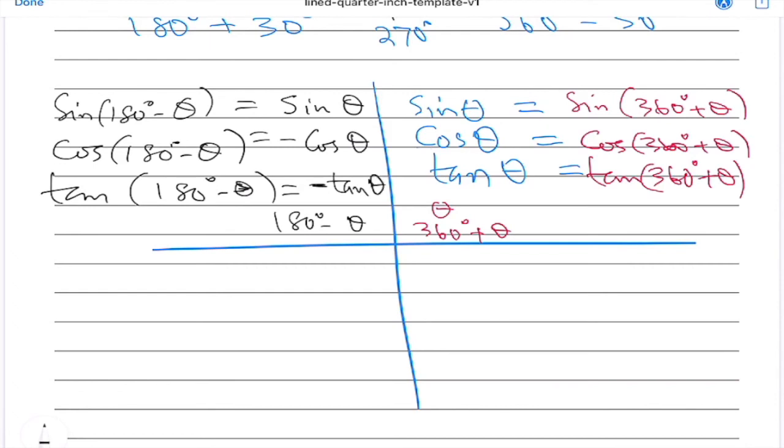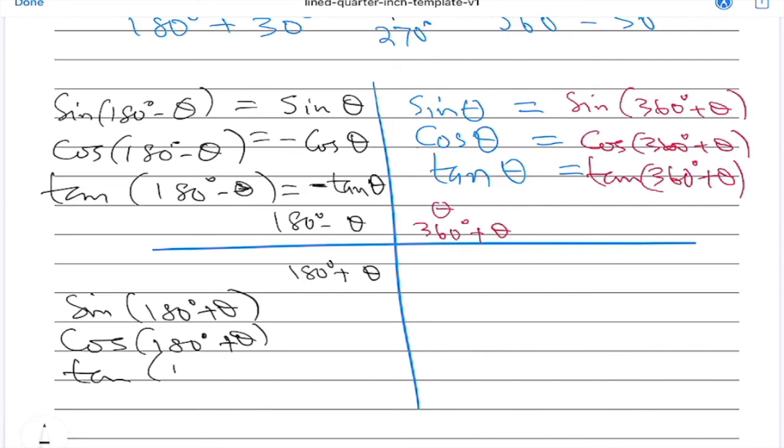And so now very quickly, in the third quadrant, we have 180 plus theta. And we want to work out the sine of 180 plus theta, then the cosine of 180 plus theta, and the tangent of 180 plus theta.